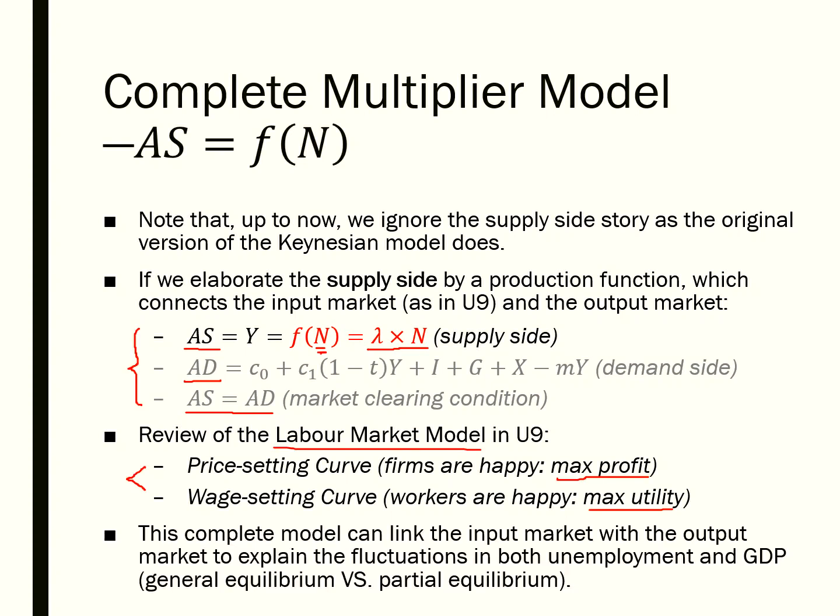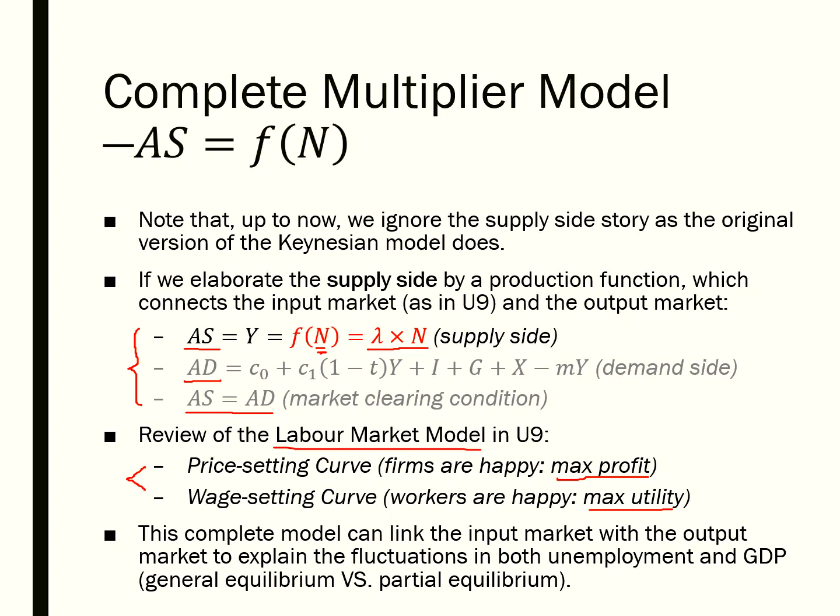Only when both firms and workers are happy is the labor market in equilibrium. And when the labor market is in equilibrium, you will be able to determine the equilibrium wage W and equilibrium N. Once N is determined in the labor market, you can put that into the supply side of the economy and then determine your Y. Once Y is determined, you can explain the whole output market.